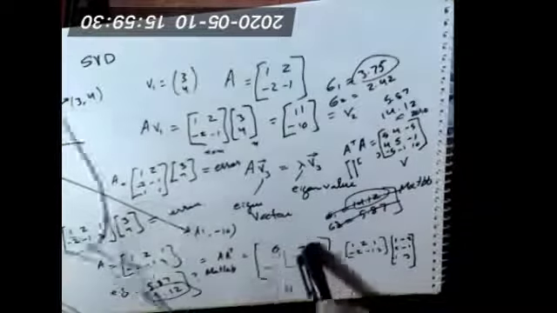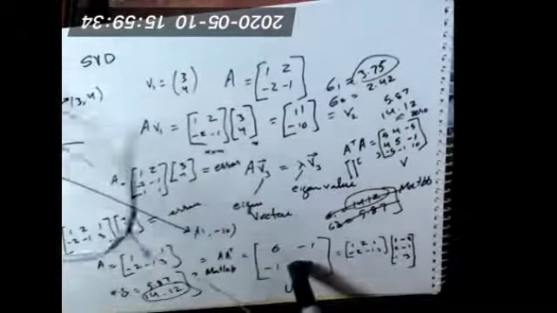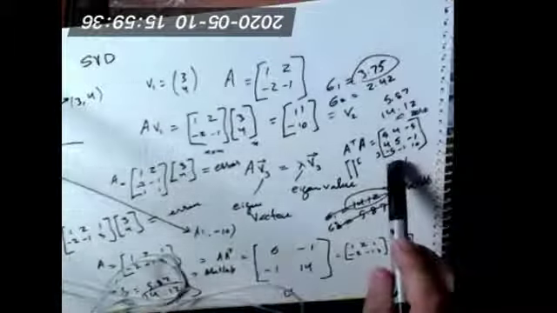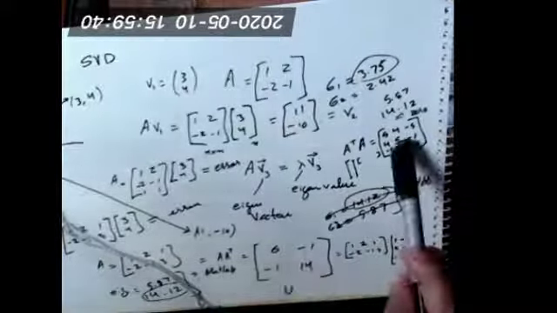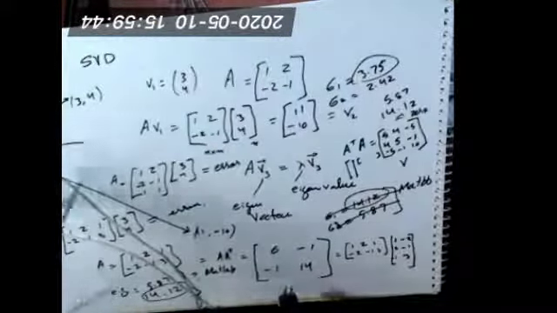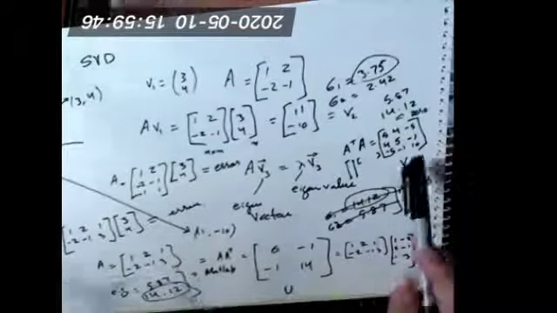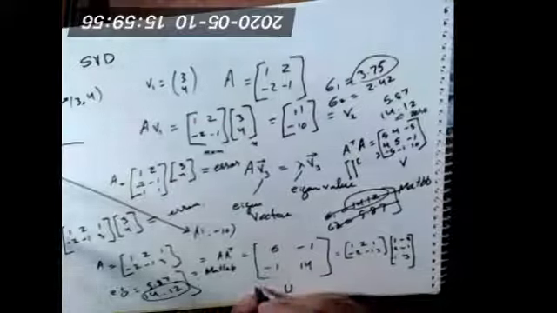Not this matrix, but the eigenvectors of this matrix, and not this matrix, but the eigenvectors. Sometimes we call them left eigenvectors and right eigenvectors, and sometimes we call them left singular vectors and right singular vectors. This matrix is not U, right?